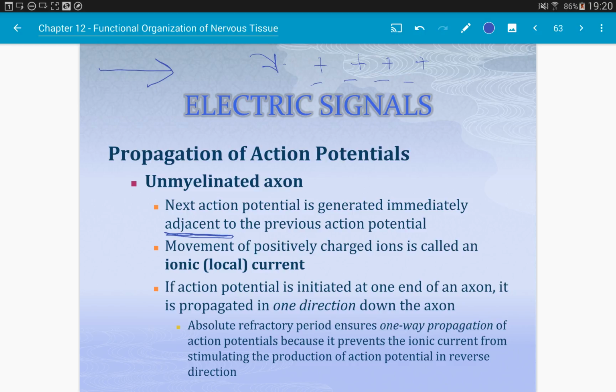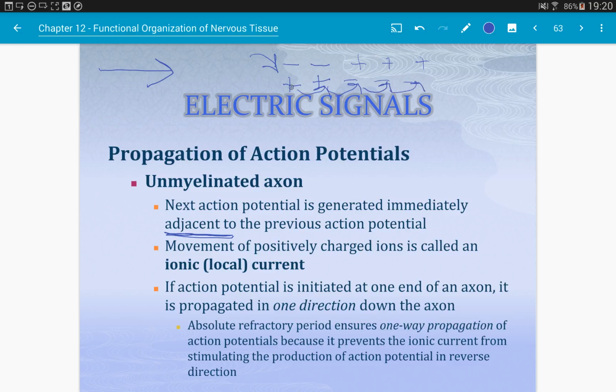The charge switches, right? And because it switches, it then stimulates the spot right next to it, and then causes the same thing to occur. It causes the charge to switch there as well. And then it goes to the next spot, next thing, next thing. So it's kind of like the wave.